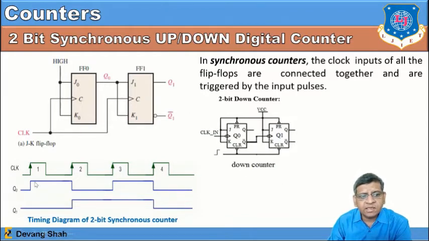If you start with 0, 0, then 0, 1, then 1, 0, then you have 1 and 1 at the third clock signal. Again at the fourth, you will have 0, 0, right? So this is an up counter. If you talk about the down counter, you have to read this timing diagram in reverse, right? So this is the up and down counter.